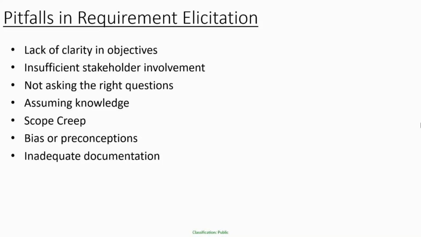So one thing you need to take care of is that when you work on a particular project and you are looking at the requirements, it's not your sole responsibility. Rather, it is also equally the responsibility of the stakeholders to ensure that the requirements are properly getting captured.